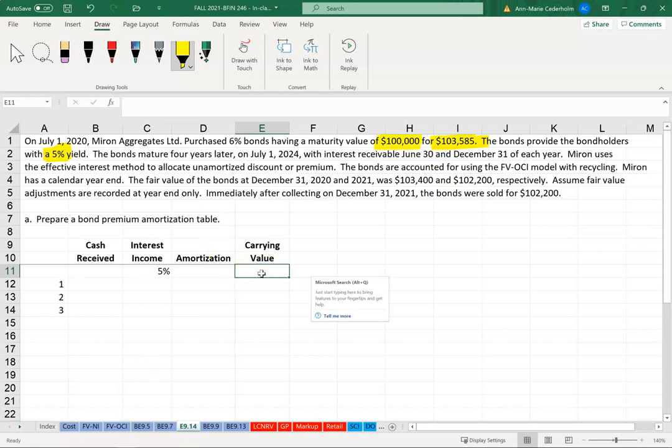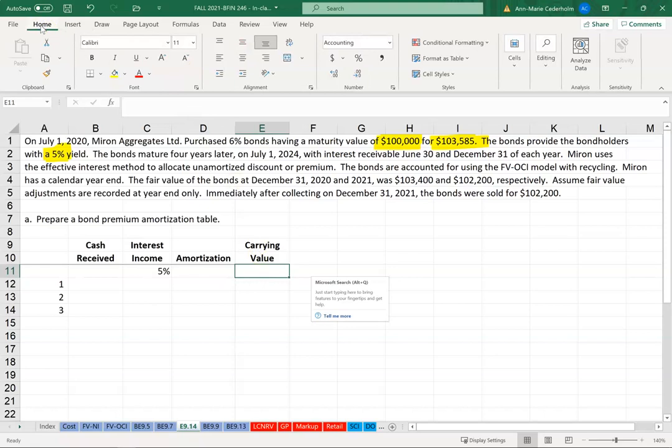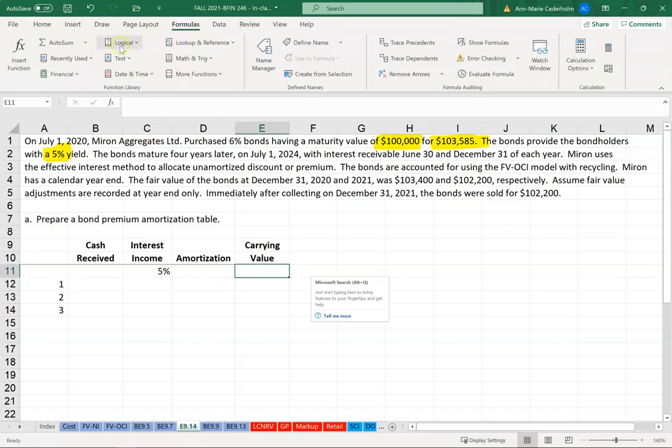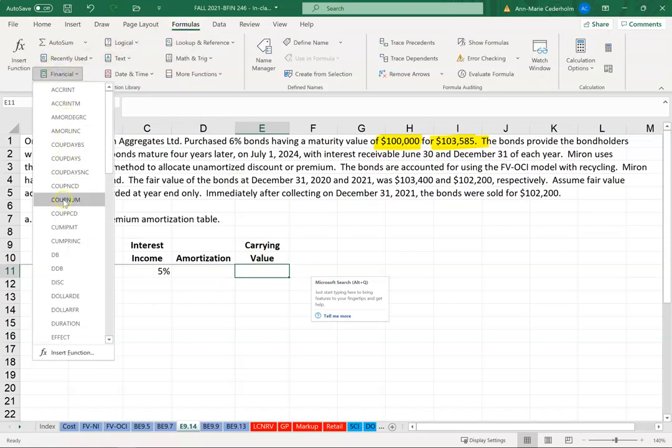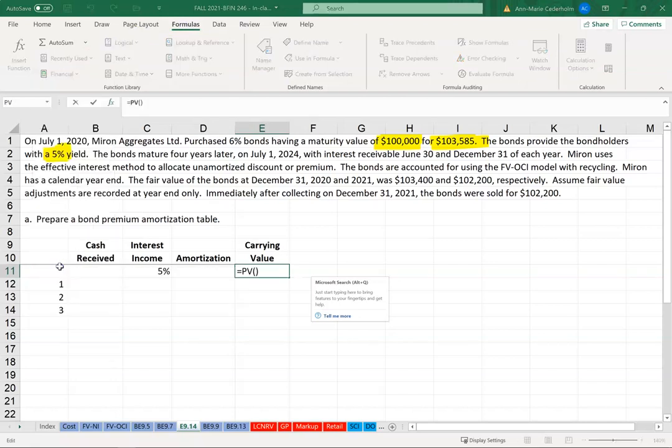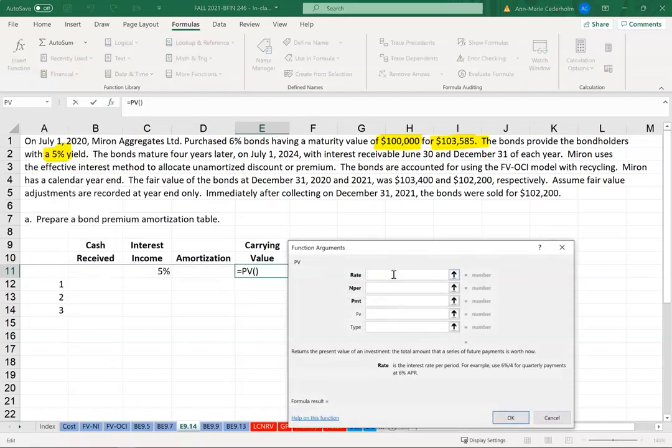So if I calculate my present value, I'll go to the formulas, go to financial, and then scroll down to present value. So the rate is the yield, so 5%, but remember the bonds are paying June 30th and December 31st, so they're paying twice a year, so I have to divide the rate by 2. The number of payments, well, it says it's 4 years, so I times that by 2, so that means there's 8 payments, 2 per year.